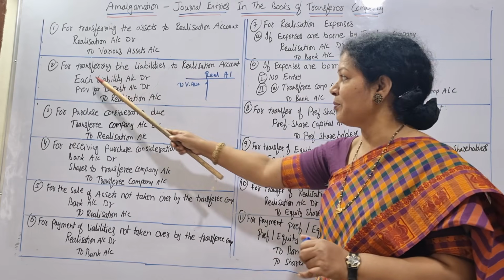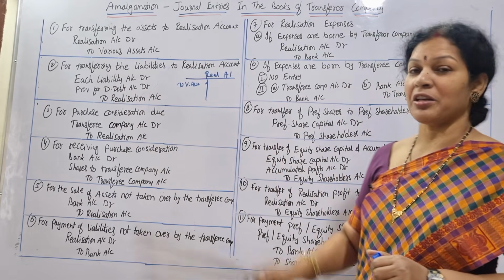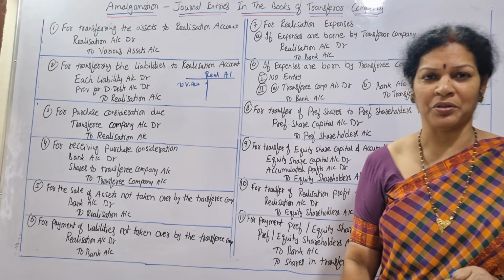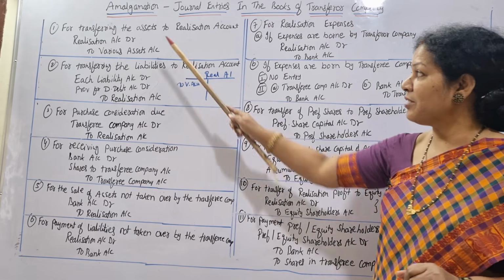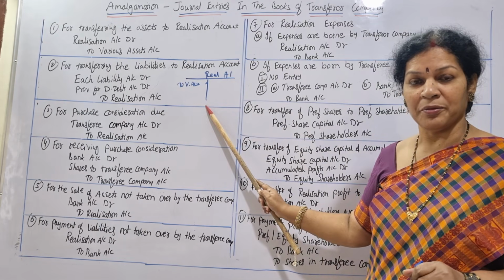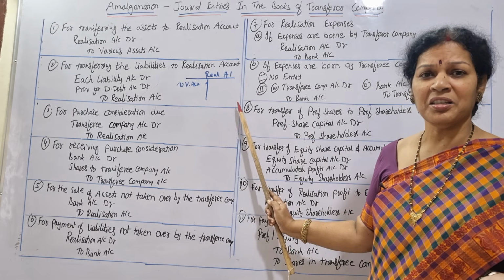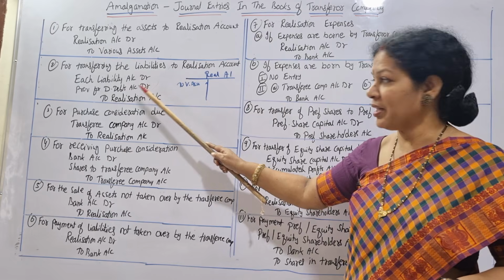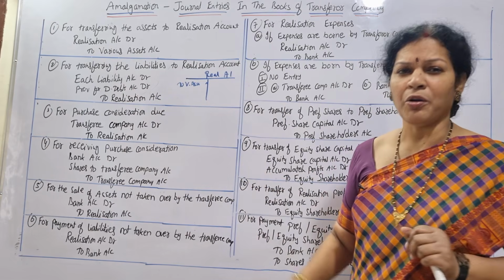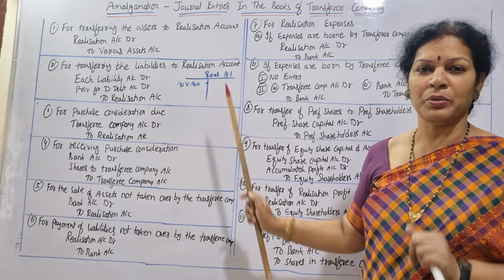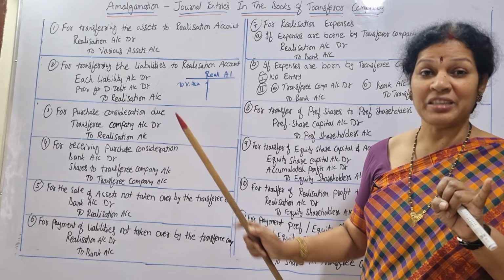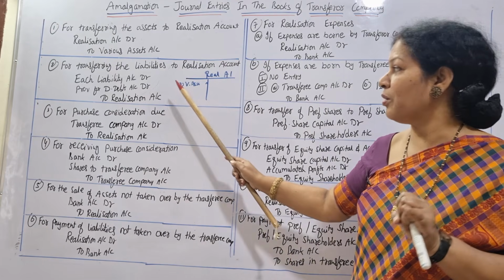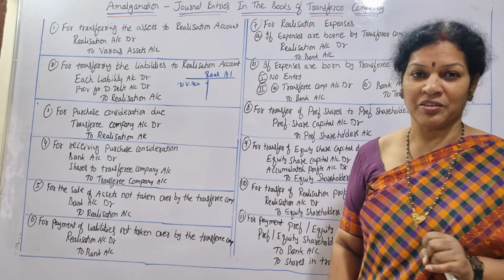In the same way, transferring the liabilities to realization account. Liabilities also we have to transfer. Assets transferred on the debit side, liabilities credit side. Anyone can say so. Each liability account, and provision for doubtful debts, if it is given, that is also to be transferred. All the liabilities along with provision for doubtful debts go to realization account.